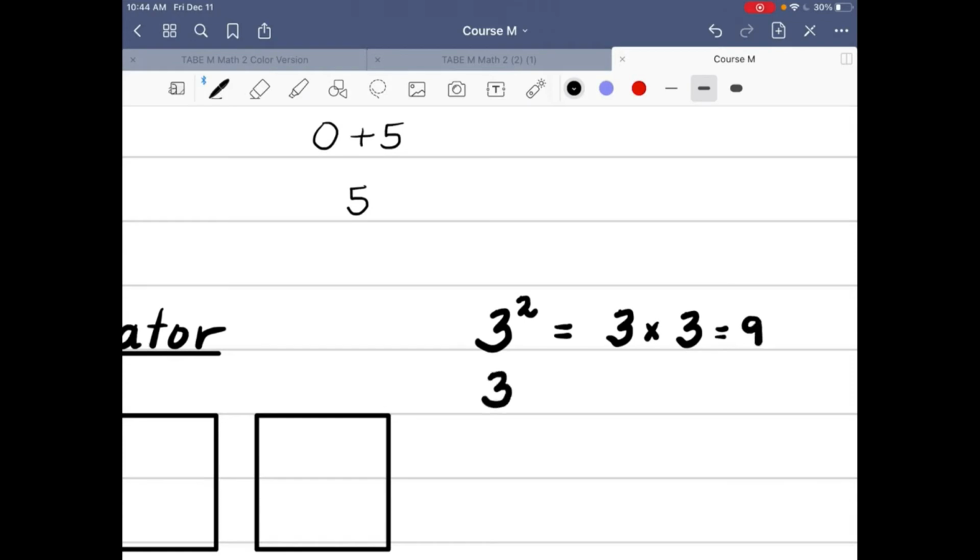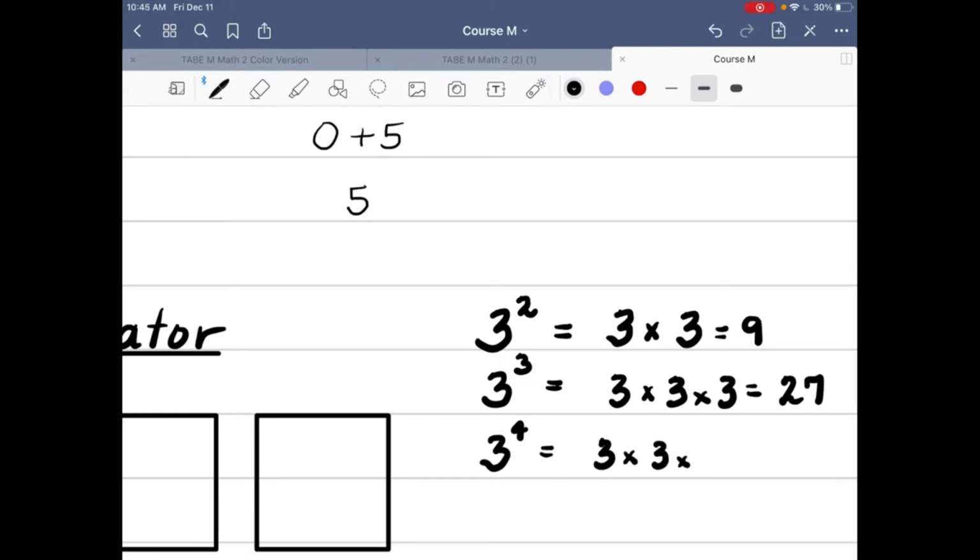3 to the third power would be your 3 written 3 times. 3 times 3 is 9 times 3 is 27. And 3 to the fourth power, I'll do one more, is 4 of those being multiplied together.